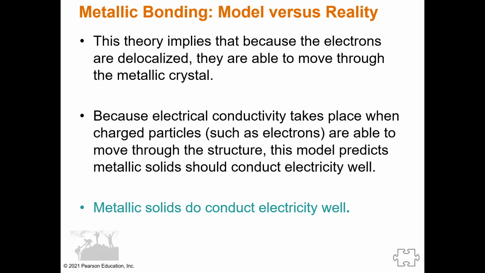At this point, you should know that metals are very good electrical conductors. Why is that? Because of the delocalized electrons, because of the electron sea. Those electrons can move throughout the metal, so they are able to conduct electricity because of the movement of charged particles.